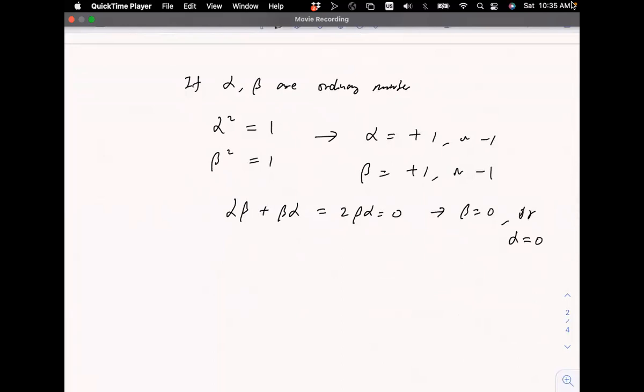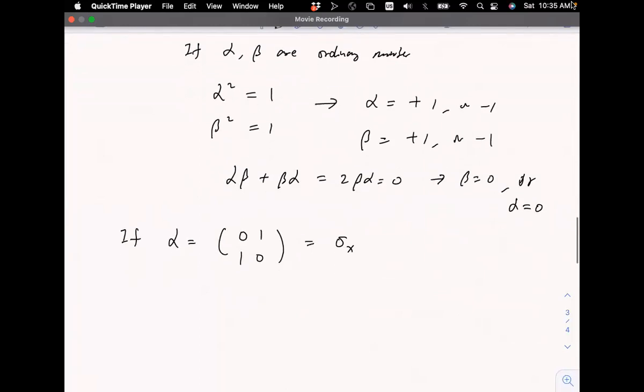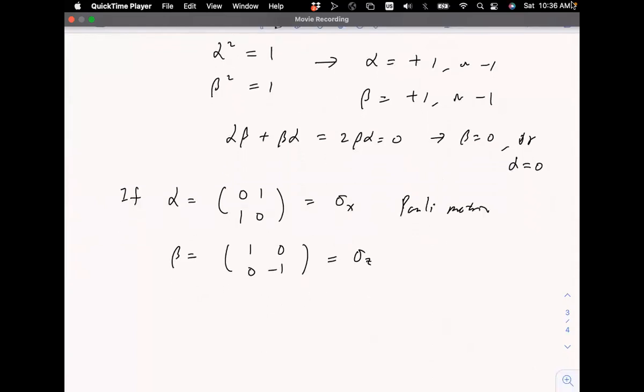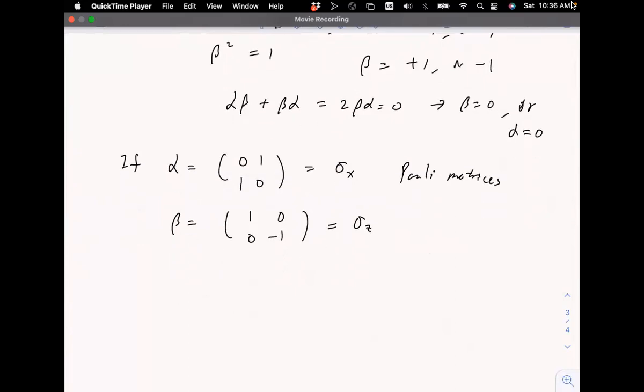So let's consider a 1D case. Let's consider alpha equal to this. This is basically a Pauli matrix, sigma x. And beta equal to this. This is sigma z, Pauli matrix. Matrices. If you use matrices instead of numbers, you will make it work.